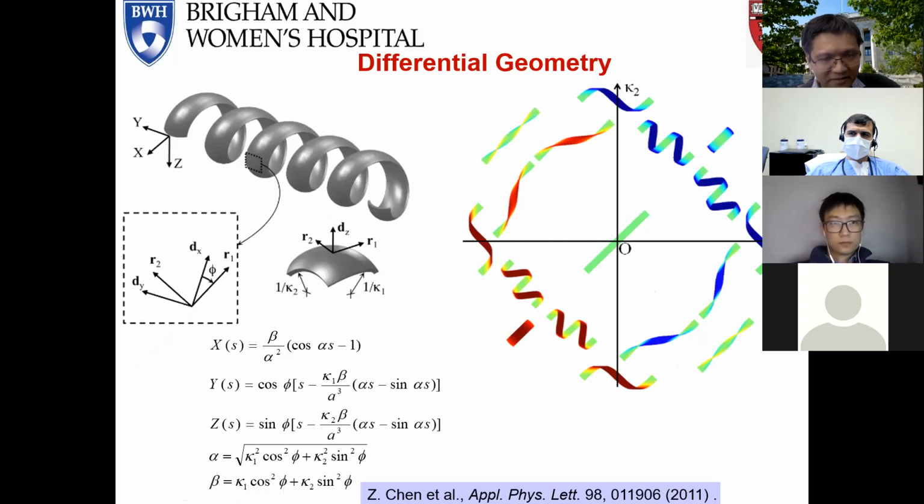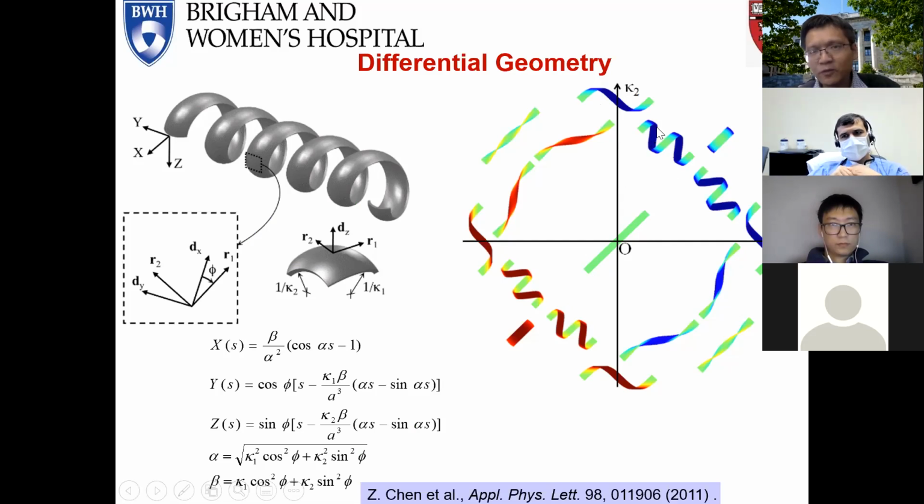So they're related here, and S is the arc length that's measured from the origin of the coordinate system. Now, if we plot them, I'm showing you here, just by changing the relative values of kappa 1 and kappa 2, with phi fixed at 45 degrees, we can get a range of geometric objects, such as rings when kappa 1 equals kappa 2, or a cylindrical helical ribbon when kappa 1 or kappa 2 is 0.